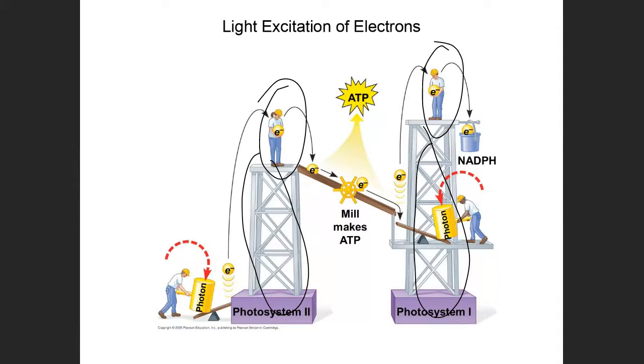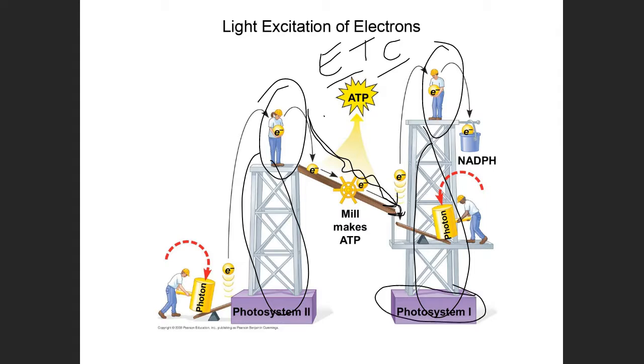So they are going to give this energy very smoothly to an ETC, an electron transporter chain. I don't want to name it, just call it an electron transporter chain. And they are going to move very smoothly until they end up on photosystem 1.